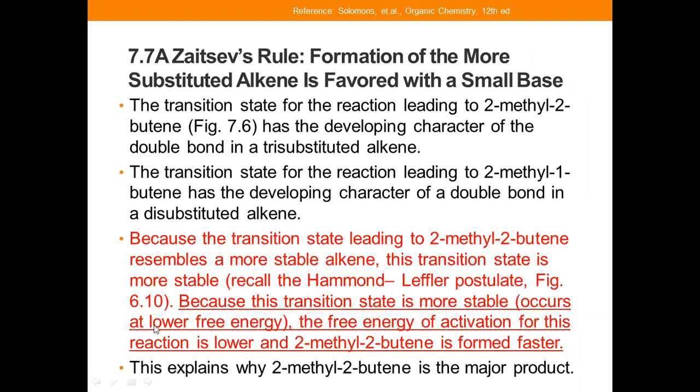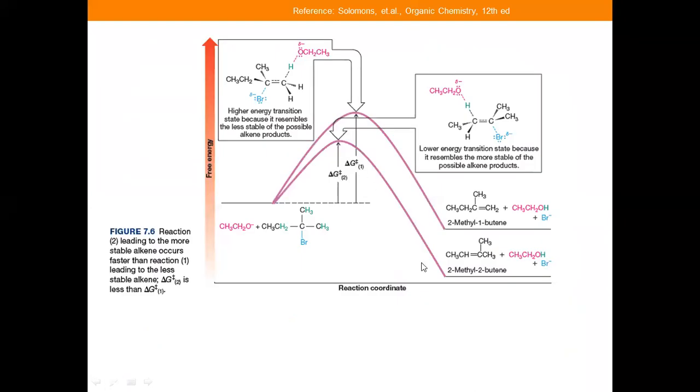We've learned that 2-methyl-2-butene is a more stable alkene, so this product is more stable. You also see that its transition state has a very low delta G.